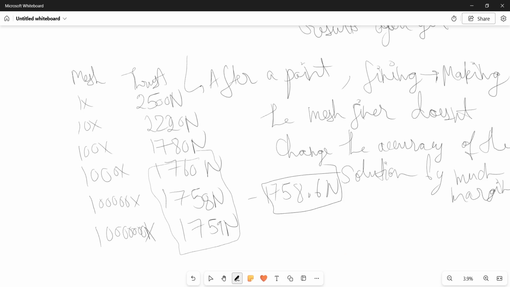So this is when you say it's grid independent, in the sense that even if you make the grid or mesh finer, it's not going to affect the accuracy anymore. That is what we call the grid independence state, after which even fine meshing doesn't help in getting a more accurate result. So that is where you stop your simulation, as you can't go further to get a more accurate result, right?